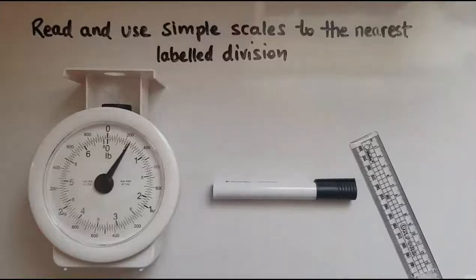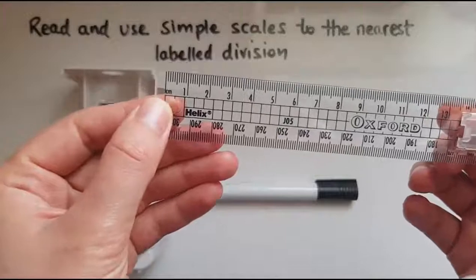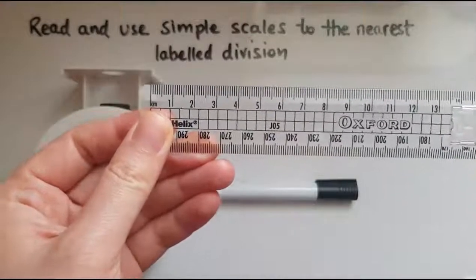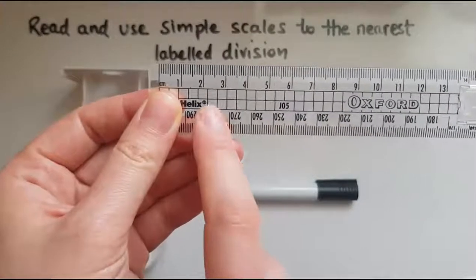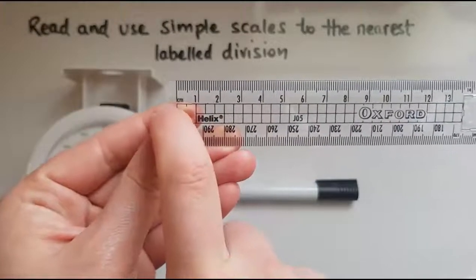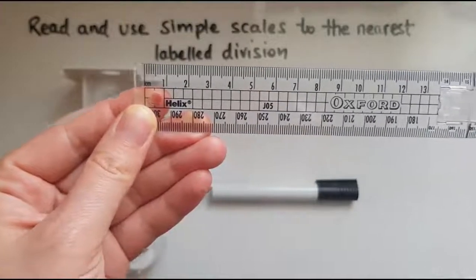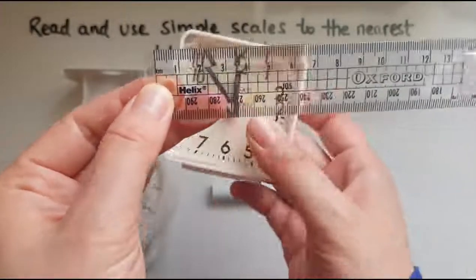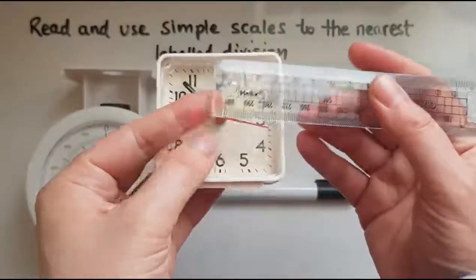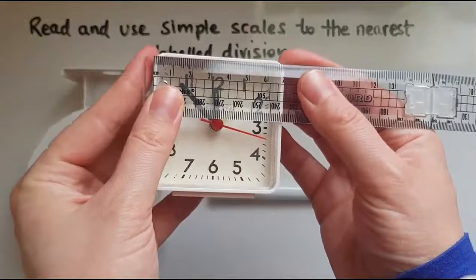And another type of scale is the one used in a ruler. We've got centimetres and millimetres, as we've said before. What you have labelled here is only centimetres. So you've got 0, 1, 2, 3, 4 centimetres. I'm going to try and measure this clock, one side of it.